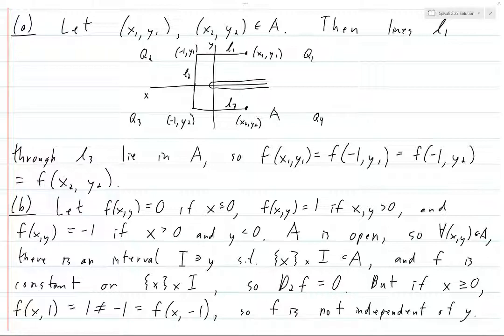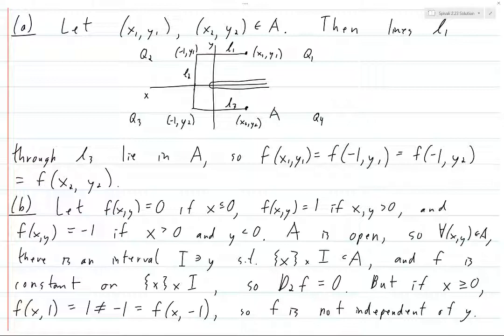And I guess the idea is that just because the derivative with respect to a particular variable is 0, you're able to make this function not independent of that variable if you create these jumps.